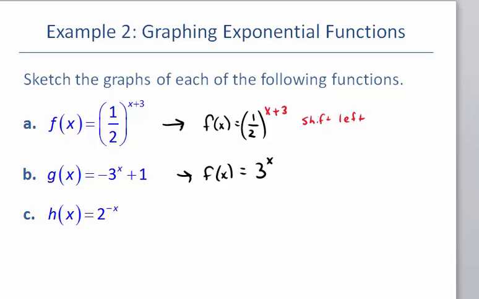So how does it change when we put a negative in front? What does the negative do? Remember that the negative reflects the graph over the x-axis. And then what effect does the plus 1 have? If we add a plus 1, remember that moves the graph up 1 unit.